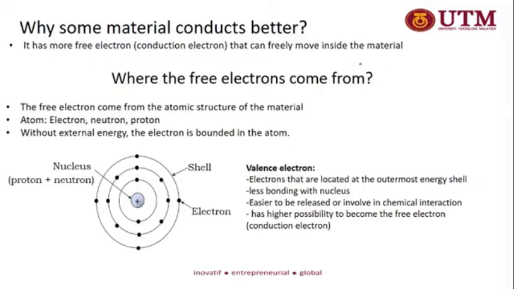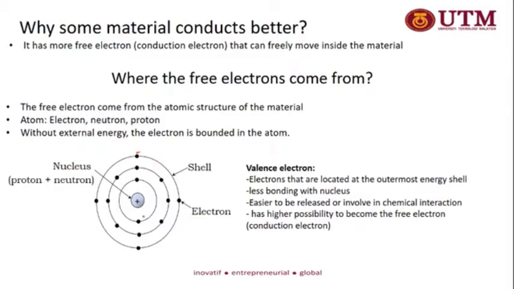So the next question is where the free electrons come from. Actually, the free electrons come from the atomic structure of the material. As you have learned, an atom consists of electrons, and then we have the neutron and proton that make up the nucleus. The electron has its own energy shell.